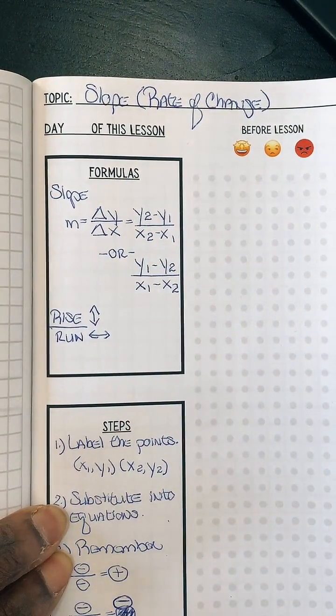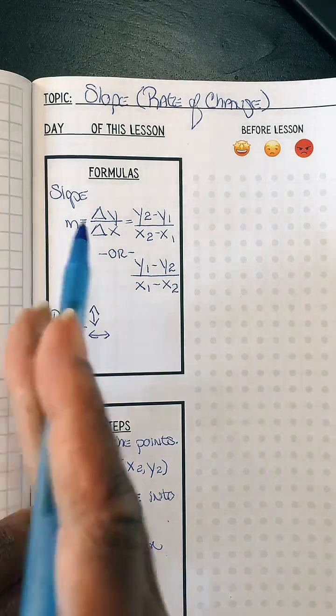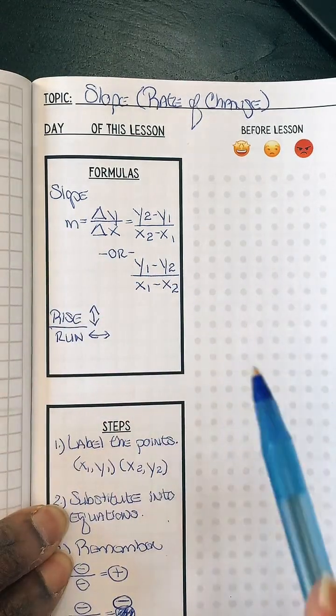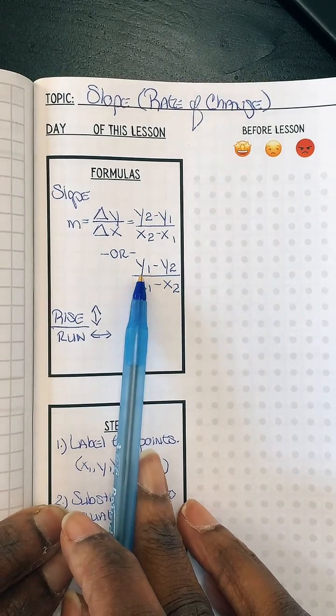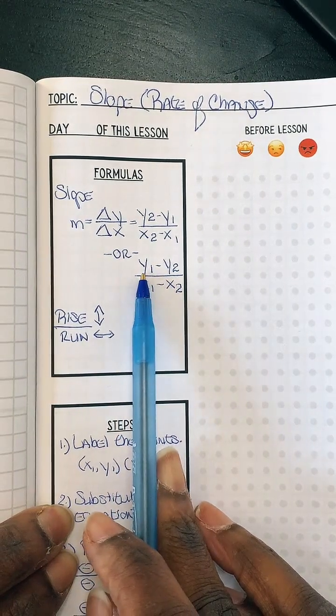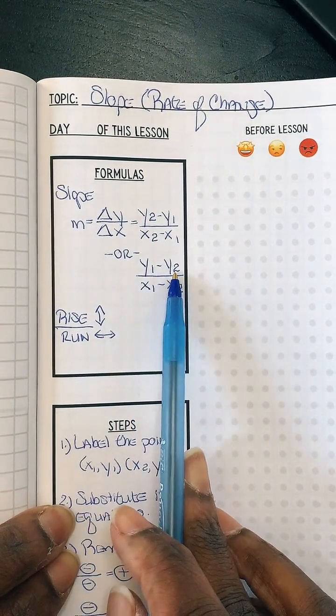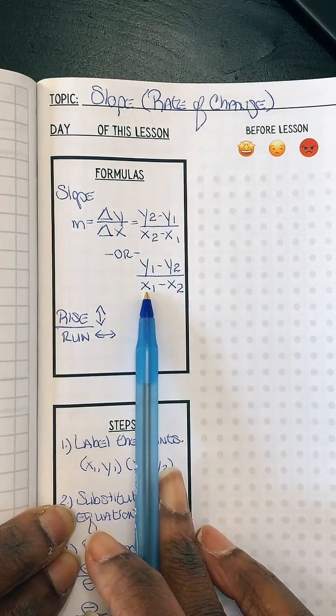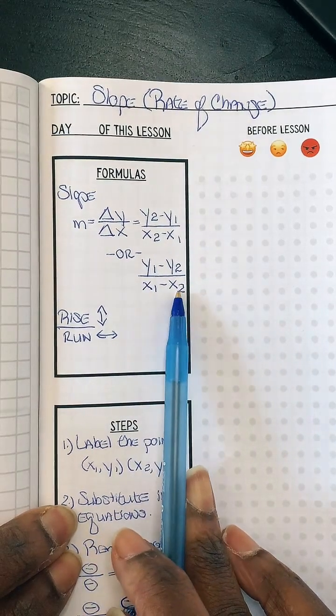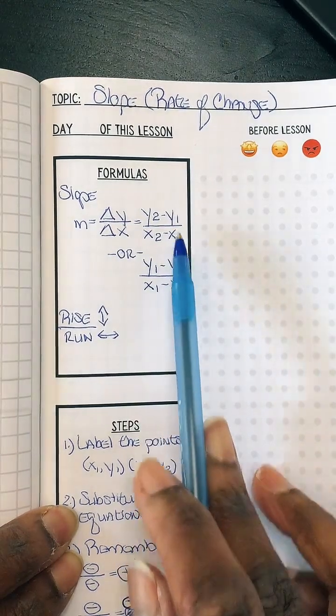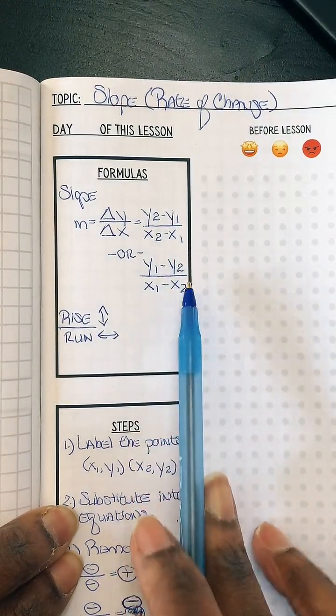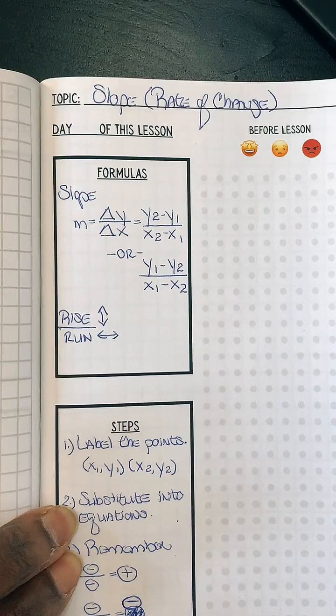Since we read from left to right, you can also say, let me take the y value of the first minus the y value of the second over the x value of the first minus the x value of the second. You're going to get the same answer either way, okay?